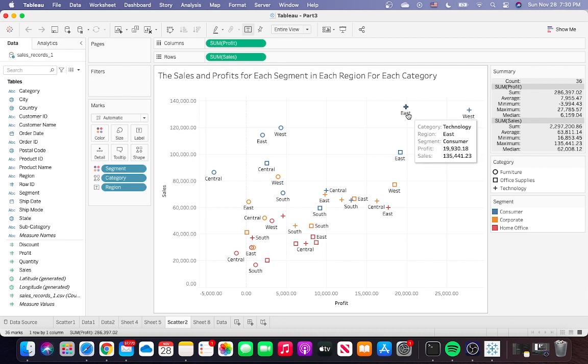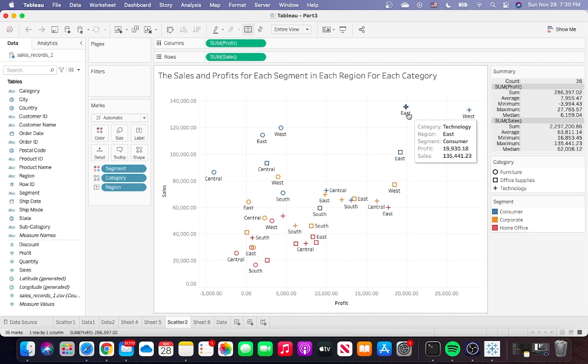Okay, as we can see here, on the y-axis for the sales, we found out that East had the greatest number of sales among all regions, all categories, and all segments. It's about $135,000 under the technology category and consumer segment.